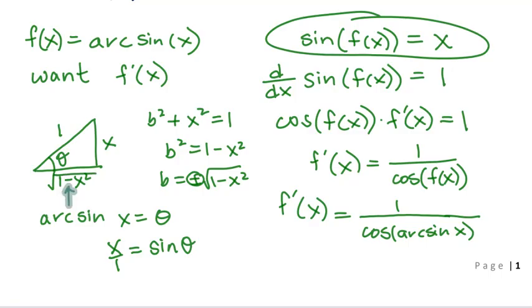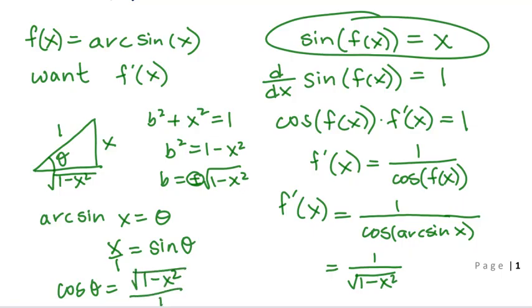Okay, so now if I want to find the value of cosine of that angle, I need to take adjacent over hypotenuse. So cosine of theta is the square root of 1 minus x squared, adjacent over hypotenuse, which means in the denominator I just need the square root of 1 minus x squared.